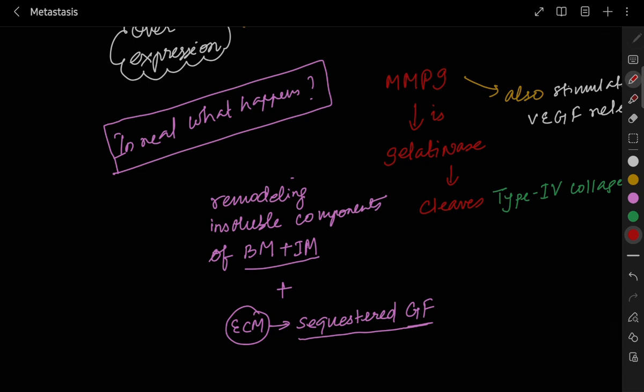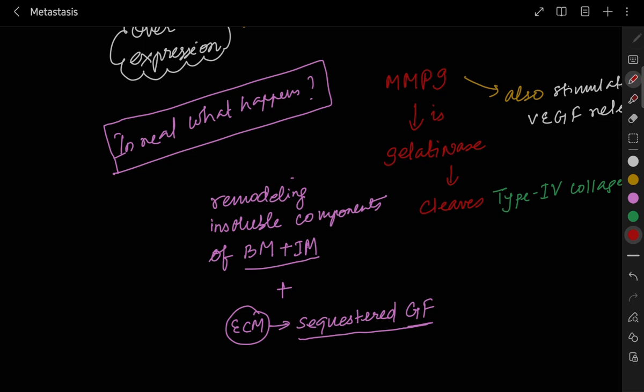The insoluble components are undergoing remodeling, so that the tumor cells can spread away from their primary site, right? Now remember one more thing, that the extracellular matrix is releasing sequestered growth factor. This sequestered growth factor is very important.